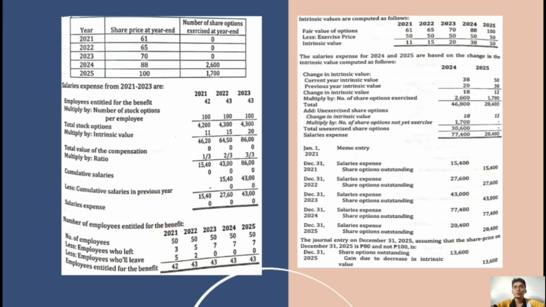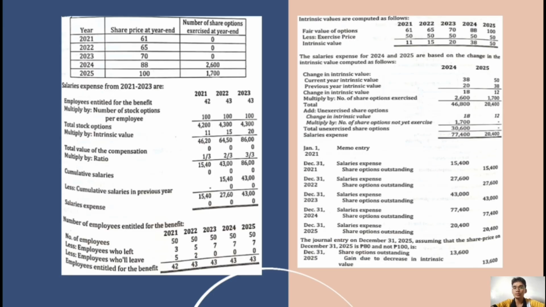First is the intrinsic value computation 2021 to 2025. The intrinsic value of stock options is calculated as fair value of options less exercise price. So from year 2021, the fair value of options is 61, the exercise price is 50, which equals an intrinsic value of 11. In 2022, the fair value of option is 65, and the exercise price is 50, which equals 15 intrinsic value.